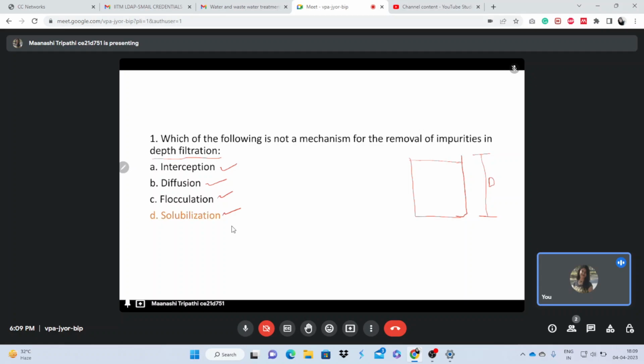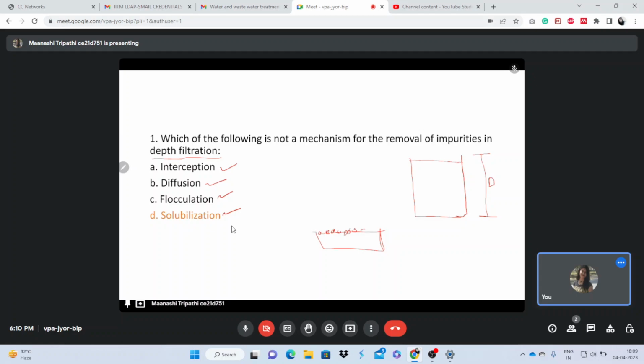The answer is solubilization. So what is solubilization? Let's take slow sand filtration. There will be bacteria in the top layer. They will capture the organic matter and solubilize it, and the solubilized organic matter will flow down.